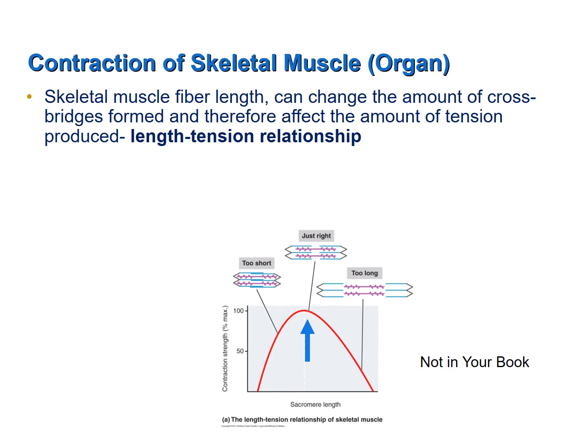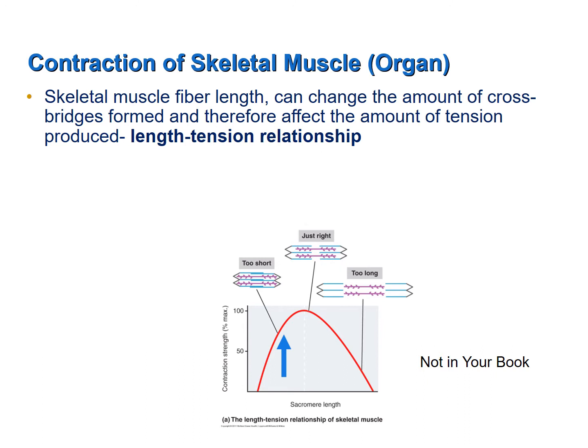As the sarcomere shortens from this optimal length, there is greater overlap between the thin filaments, making fewer myosin binding sites available. And therefore there is less cross-bridge formation, and therefore there is a reduction in contraction strength or tension.